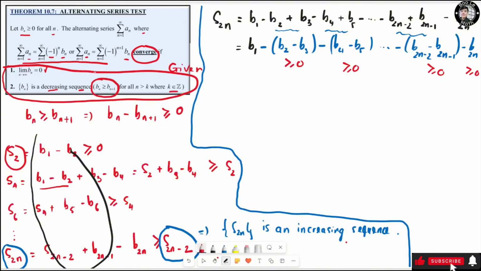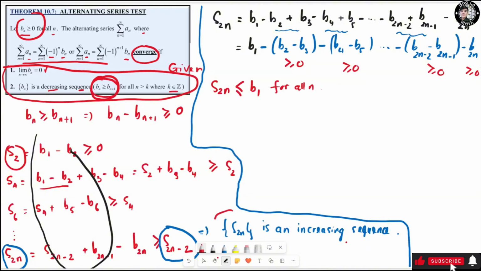So then s sub 2n is b sub 1 minus a positive number. It tells us that s sub 2n is always less than or equal to b sub 1 for all n.